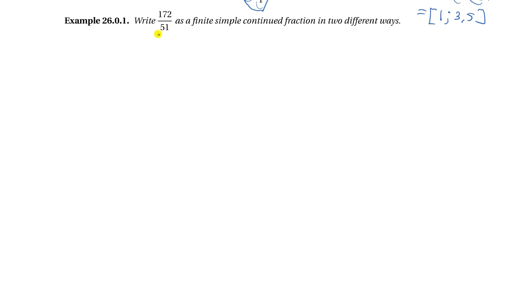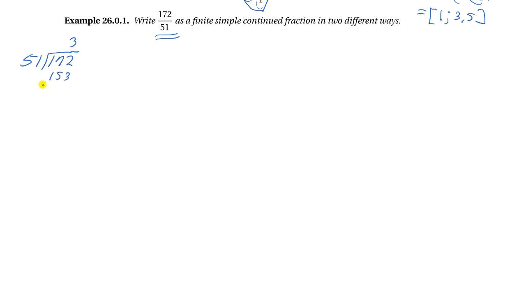So changing this P over Q style into a finite simple continued fraction. Because it's a rational number, it should stop at a certain moment, okay? So the first thing is, let's divide 172 by 51. The quotient is 3.